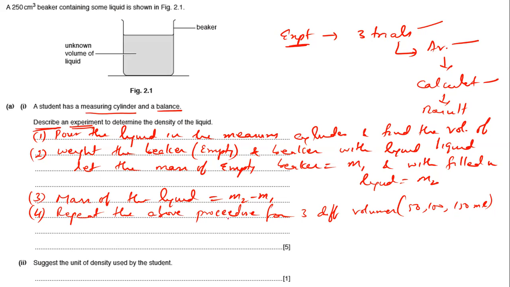And determine the mass and the volumes of the liquids. Then what you are going to do? You are going to write the density of the liquid is equal to mass by volume. So if you write so much, then definitely you will get full marks.